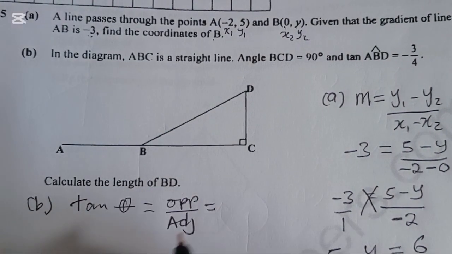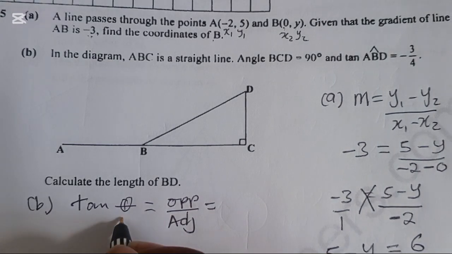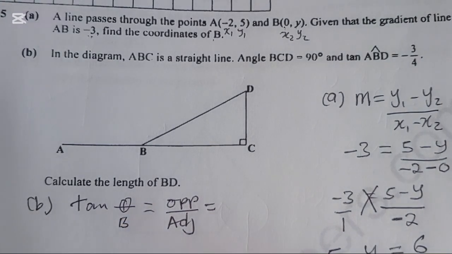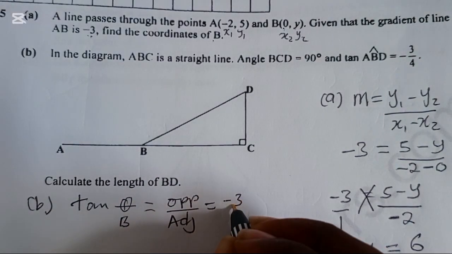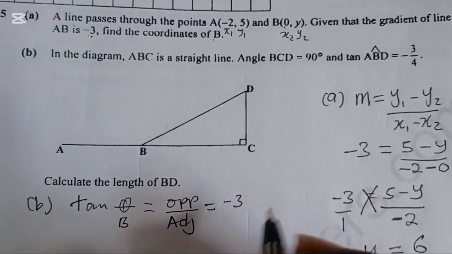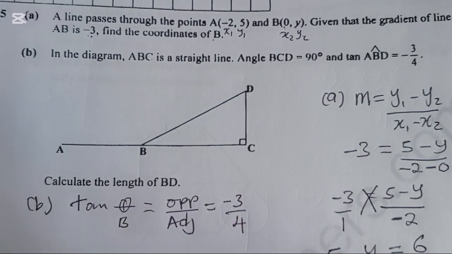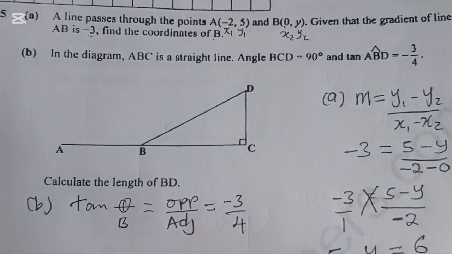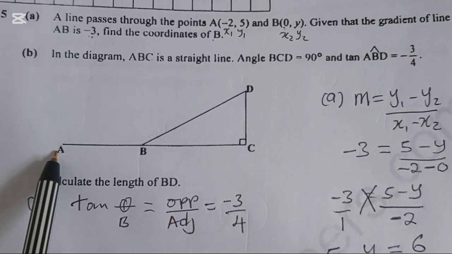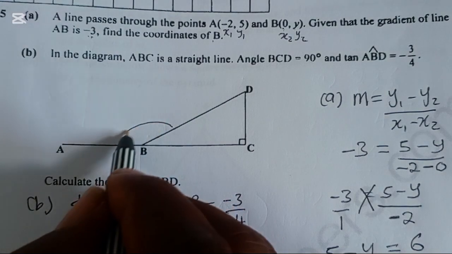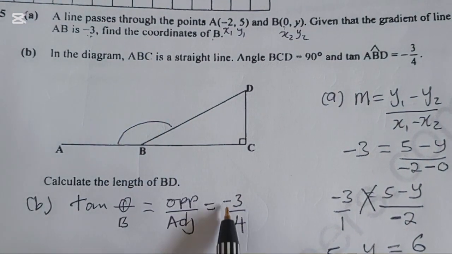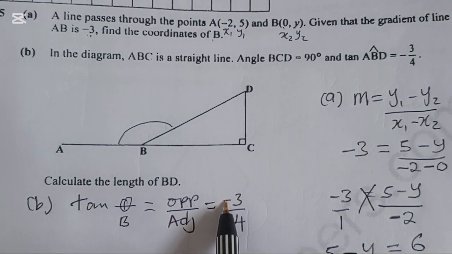So since tan B is given, which is angle B, opposite is 3, adjacent is 4. So remember that tan ABD, which is the exterior angle, is the reason why it is having a negative.